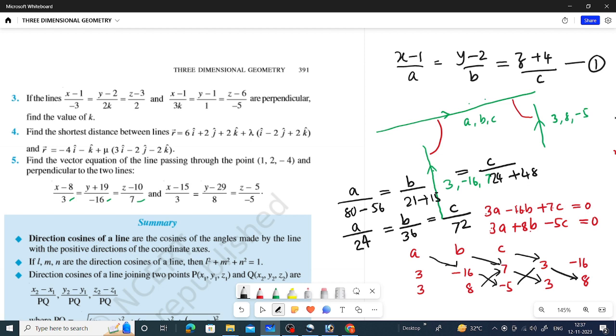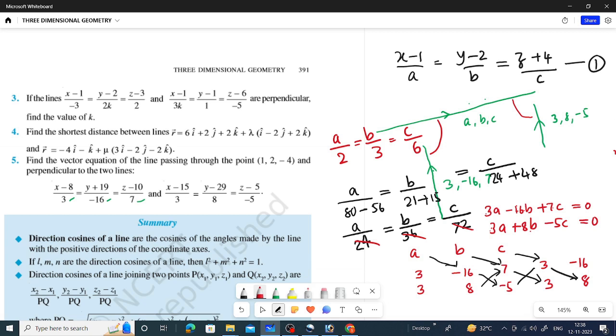Okay, so we got a by 24, b by 36, and c by 72, and I just simplify this by dividing by 12, which is common. So a by 2 equal to b by 3 equal to c by 6.